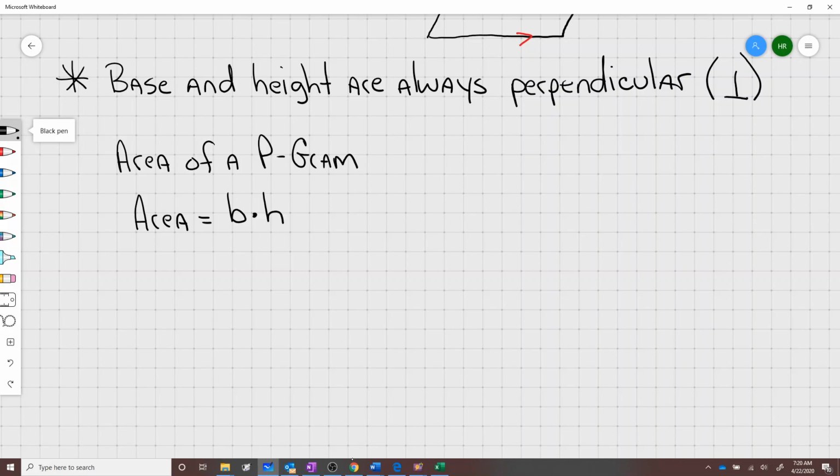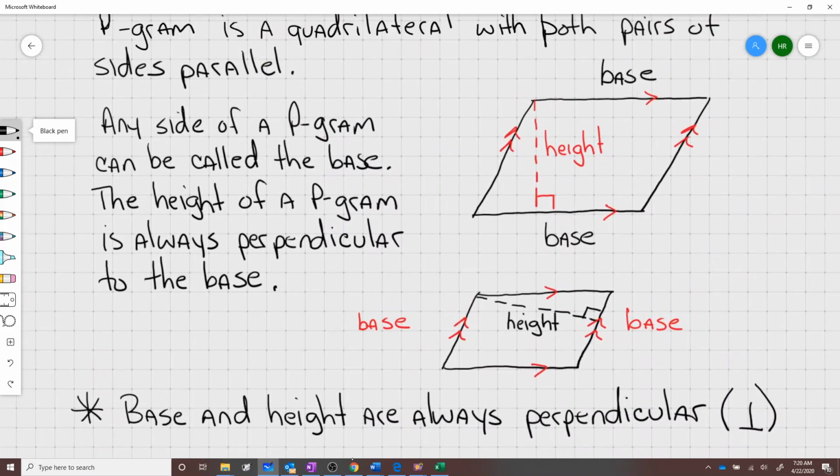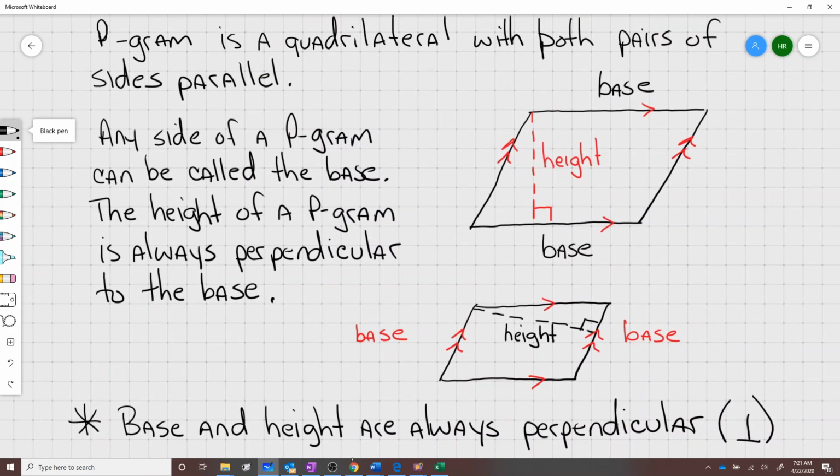Again, it's the base that you choose times its corresponding height. So if we go back to this first picture, the area of this parallelogram would be this base times this height. The two perpendicular segment lengths.